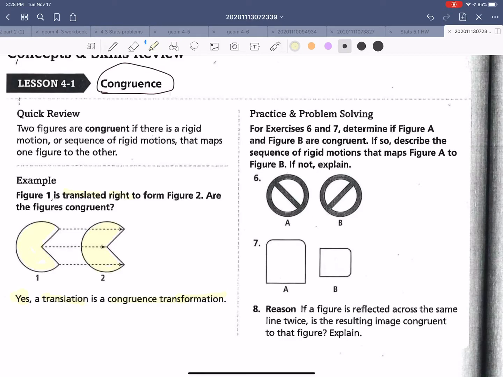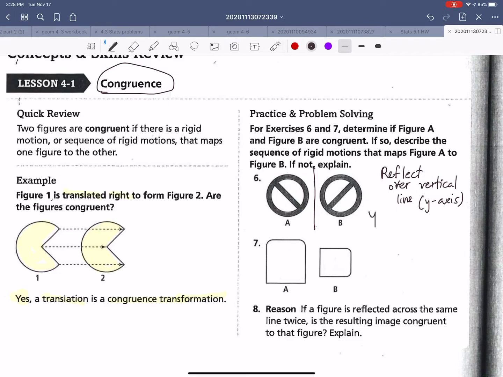So looking at our questions here, it states, for exercise questions 6 and 7, determine if figure A is congruent to figure B. And so I notice if I reflect this over the vertical line, so we could call that a vertical line, or you could call it a y-axis, it maps upon itself.